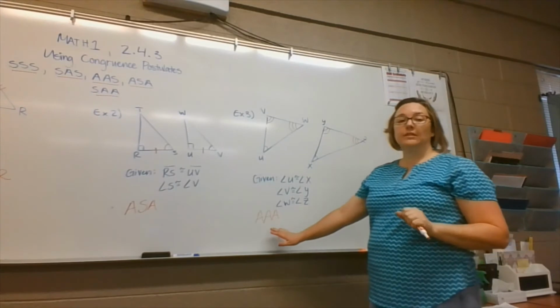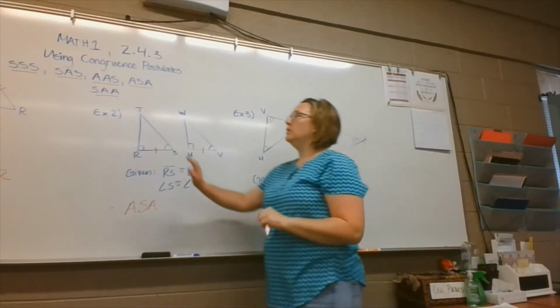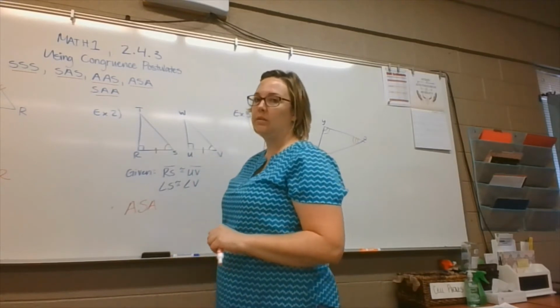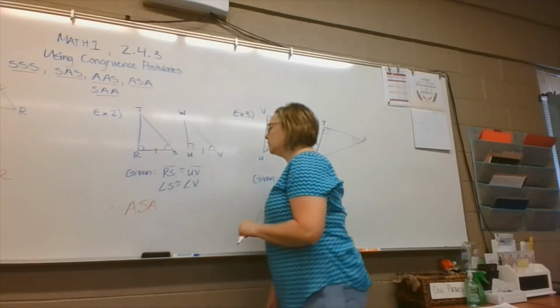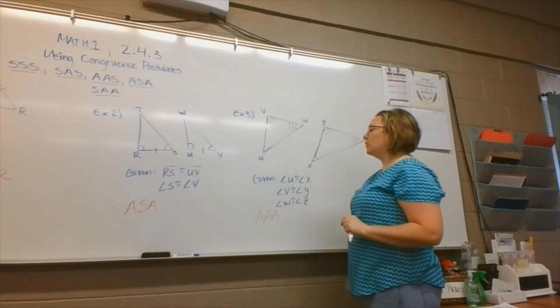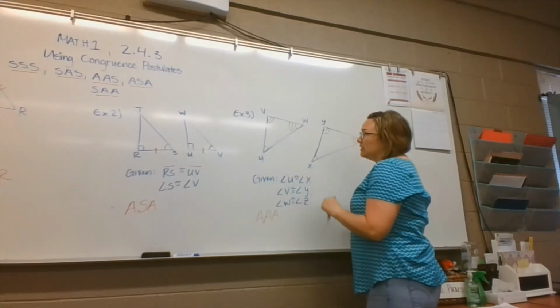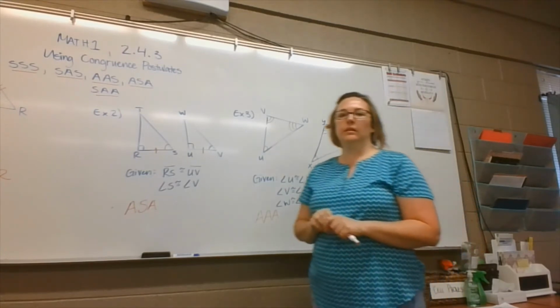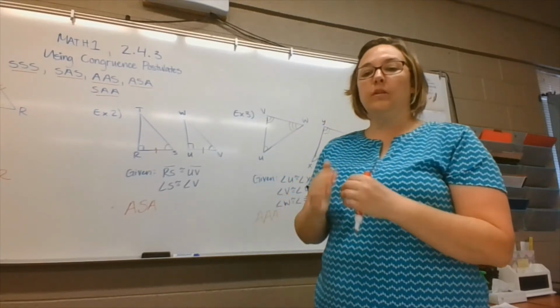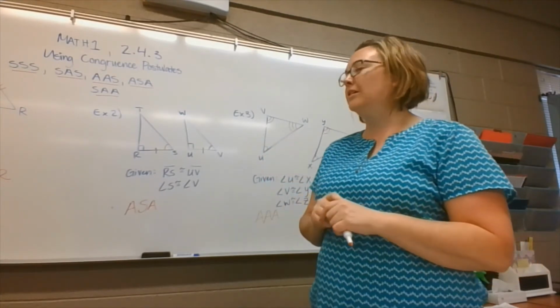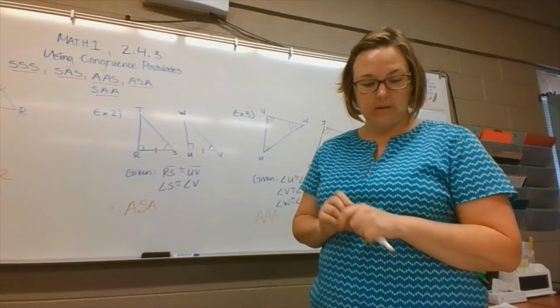Three angles are nice, but they are not enough to determine congruence. Notice we need at least one side given to us to say that our triangles are congruent. So we do not know if these two are congruent or not. We do know that they are similar, because all three angles being congruent can tell us that our two triangles are similar, but they are not necessarily congruent.